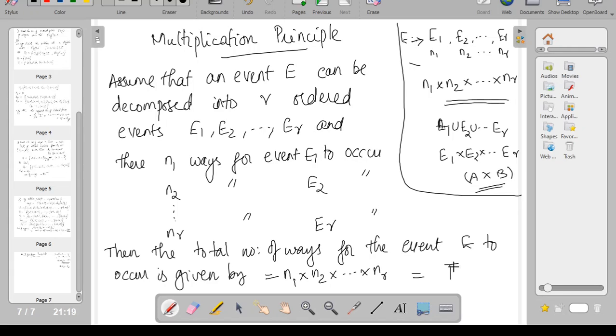That is the product, i equal to 1 to R, of Ni. So that is the multiplication principle. The number of ways in which E1 followed by E2 followed by ER occurs is the product of the respective number of ways.